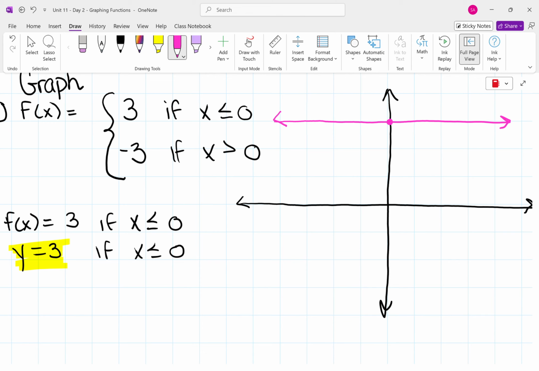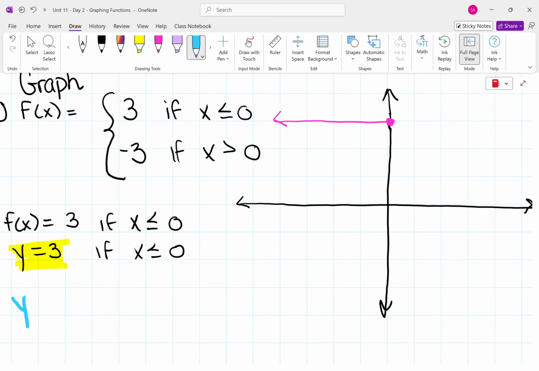Well, this is 0 for x, and less than would be to the left. So this line only exists on the left portion. Is it on the right portion? No, so we erase the right portion of that line. Okay, so that's the first part of this. My dot will stay. So it's like a ray.